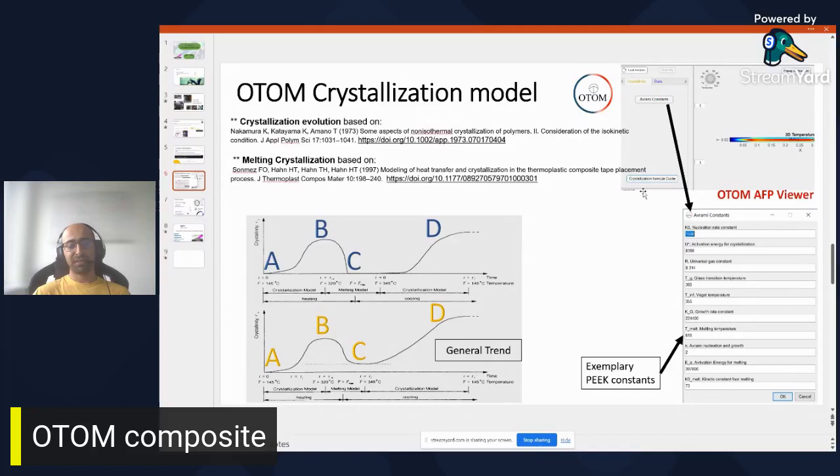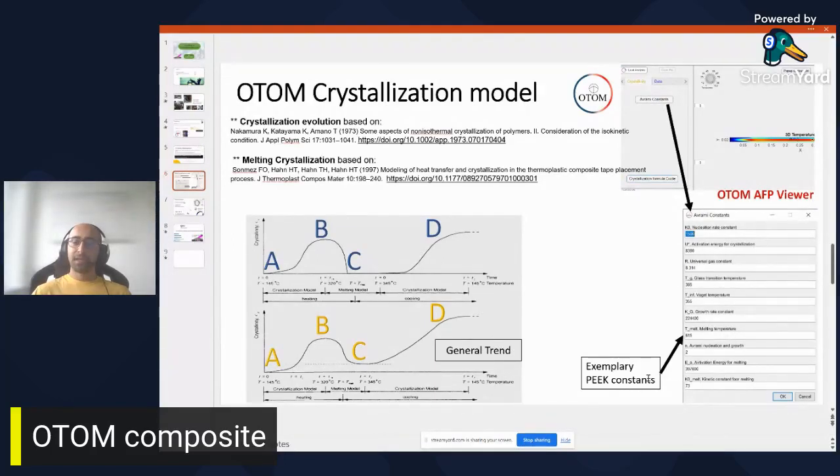And we implemented these models into the software, OTOM AFP Viewer, which is the utility software connected to the main software, OTOM AFP Engine, to do some post-processing of the data and also prediction of the crystallinity. And what we add here are the parameters of the Avrami equations, like nucleation rate constant, activation energy, etc. Other parameters you could get from the DSC analysis.